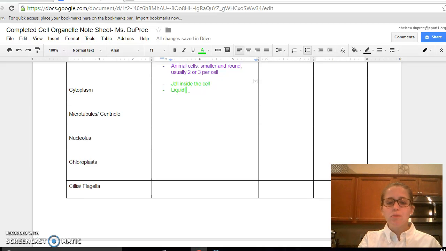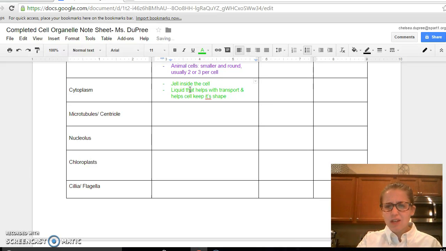It is truly almost like Jello in there. He's the liquid that helps with transport and helps the cell keep its shape.